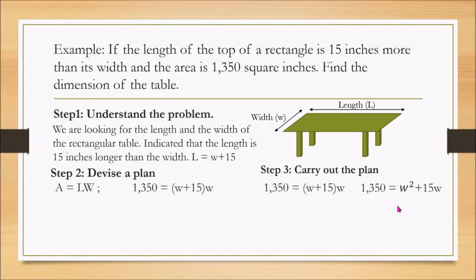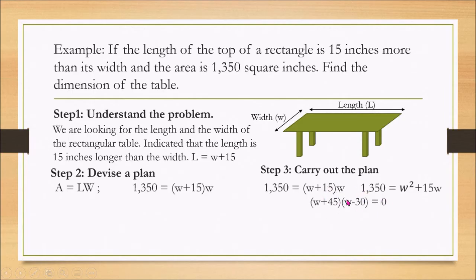This can be solved using the quadratic equation with your calculator, or by factoring. The factors are simply W plus 45 multiplied by W minus 30. That is actually W squared plus 15W minus 1,050 equals 0.